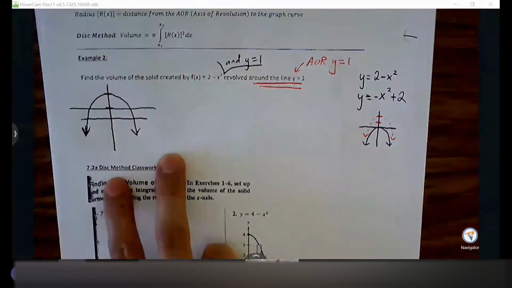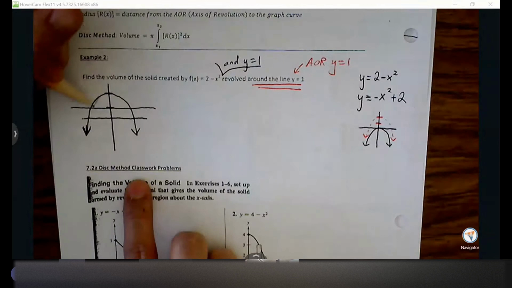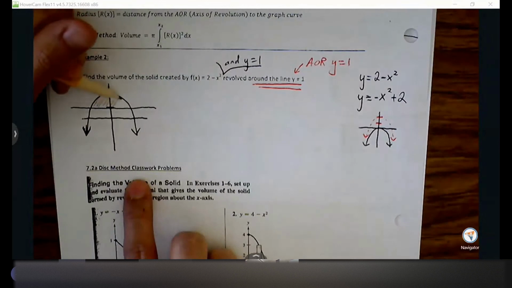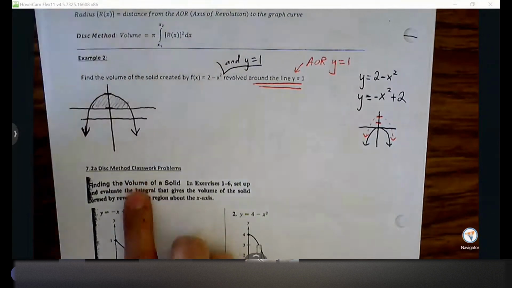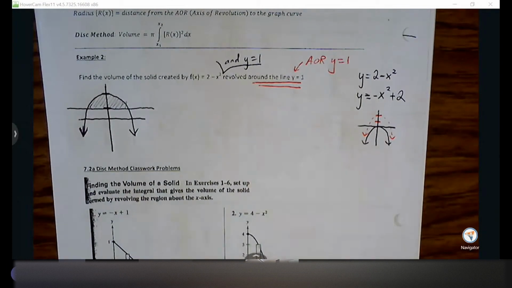And you see how there's an enclosed region that we can shade in. So we're going to be working with this shaded region here. Okay. Axis of revolution is y equals 1, so I'm going to put a dotted line right at 1.